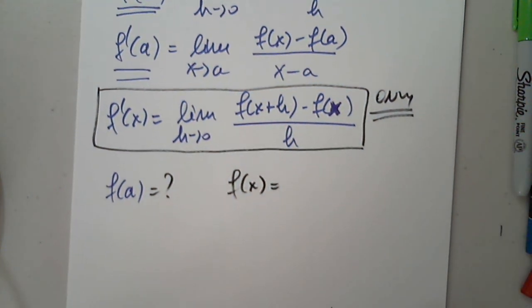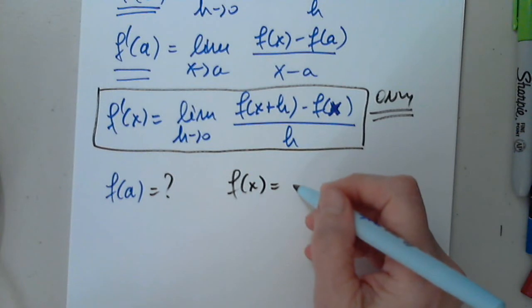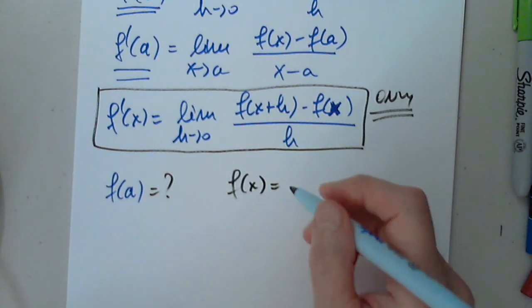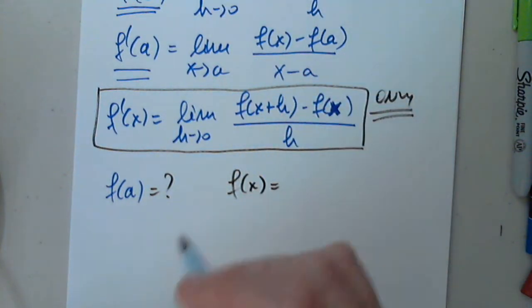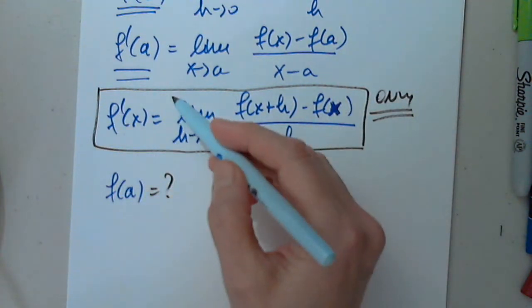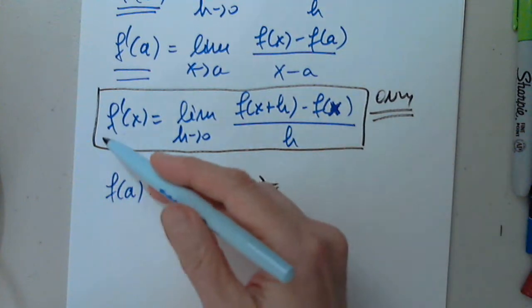But like when they're asking for the slope of a tangent, can you use either of those lines? If the problem says to find f prime of x with a definition, you must use this.